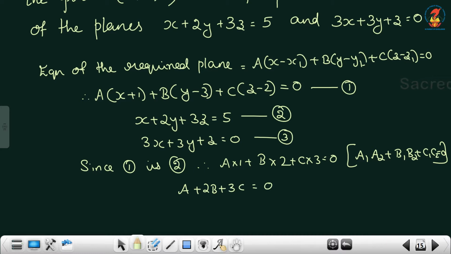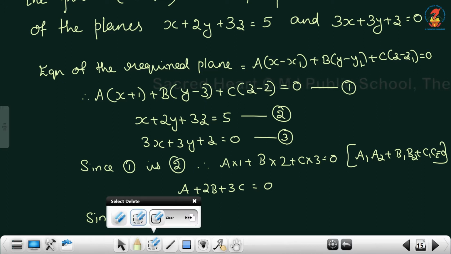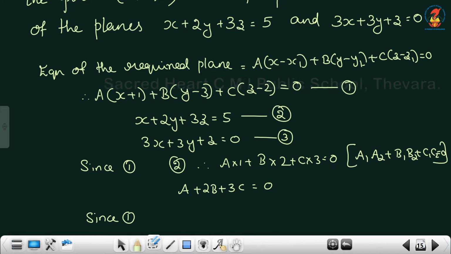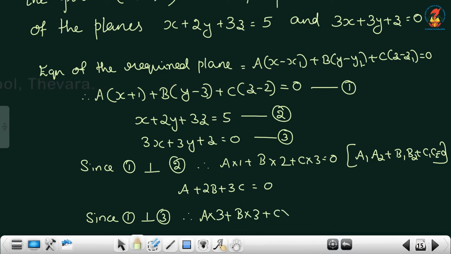The same way we can write 1 and 3 are also perpendicular. Since 1 is perpendicular to 3, therefore A into 3 plus B into 3 plus C into 1 is equal to 0.